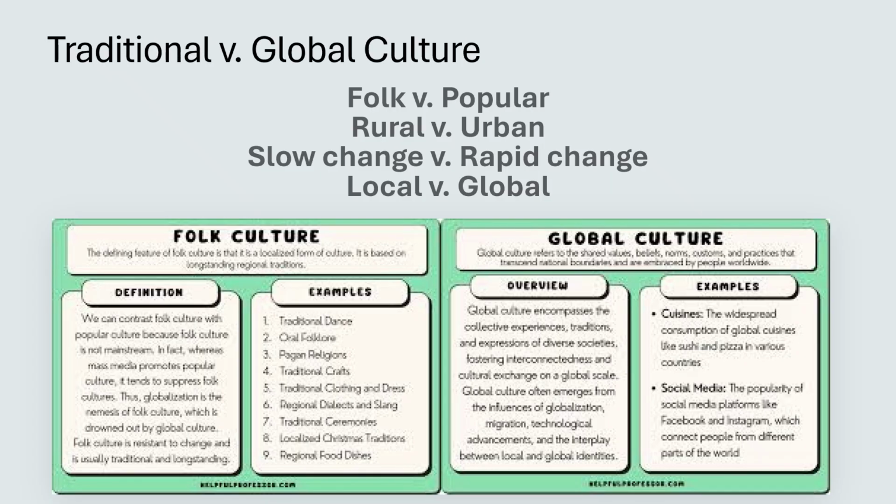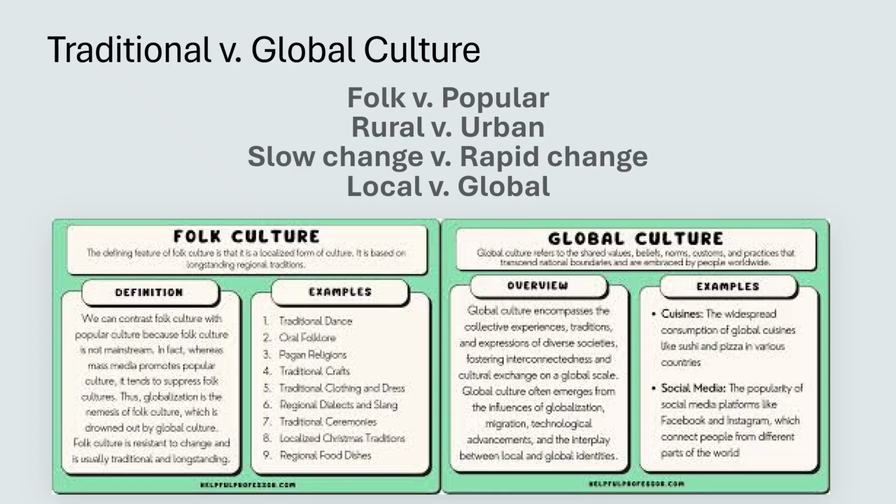Traditional versus global are the two different types of culture in the world. Traditional culture is mainly small, isolated groups who maintain their culture through separation to continue their local traditions. It is slow to change. It is rural oriented. On the other hand, global culture is more regional or worldwide.